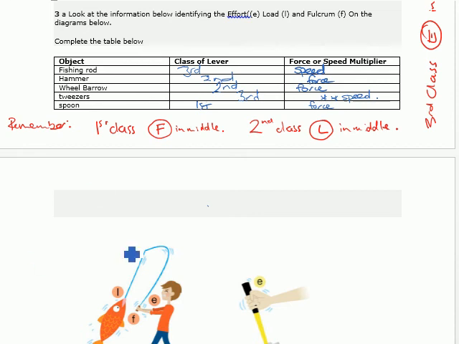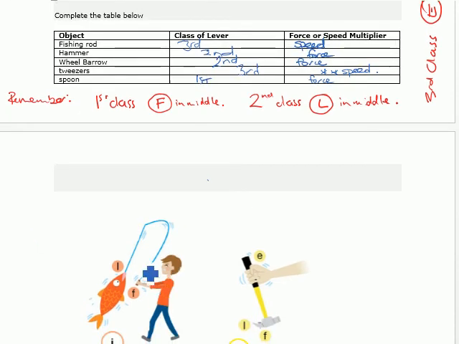Now, the fishing rod, the effort is in the middle of this long lever. Therefore, if the effort's in the middle, it's third class. Third class levers are always speed multipliers. First and second class levers are normally force multipliers.